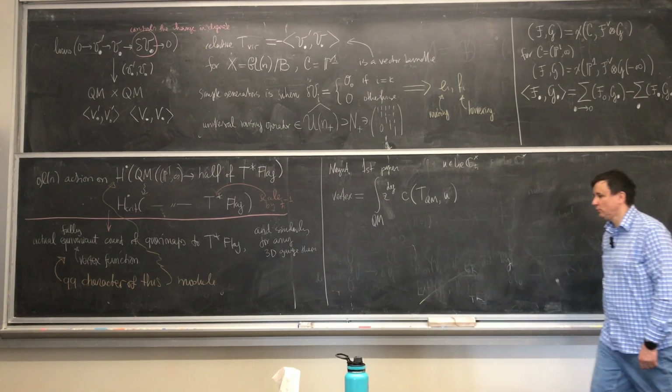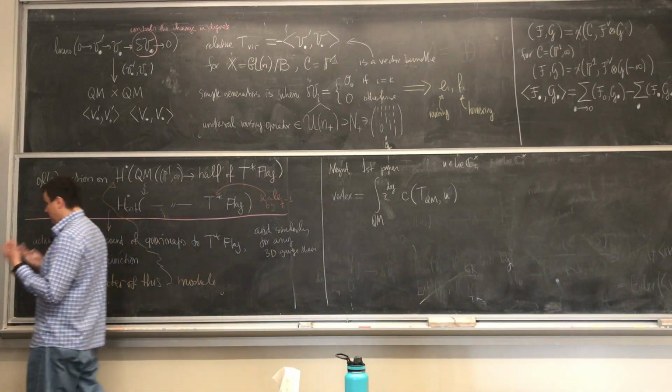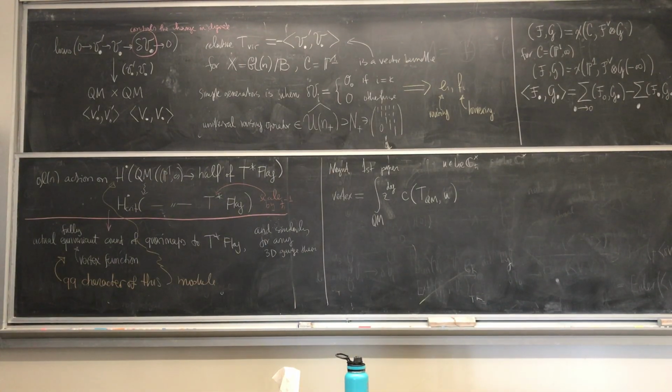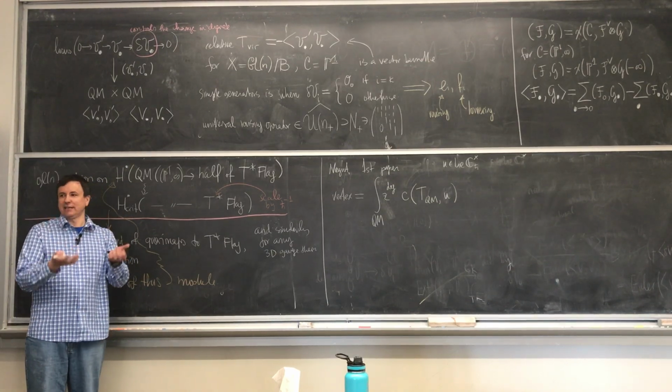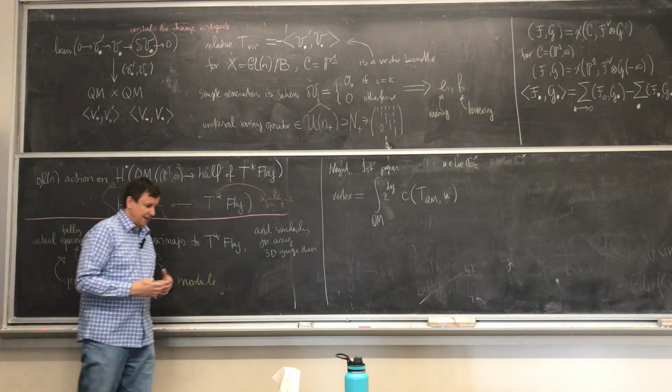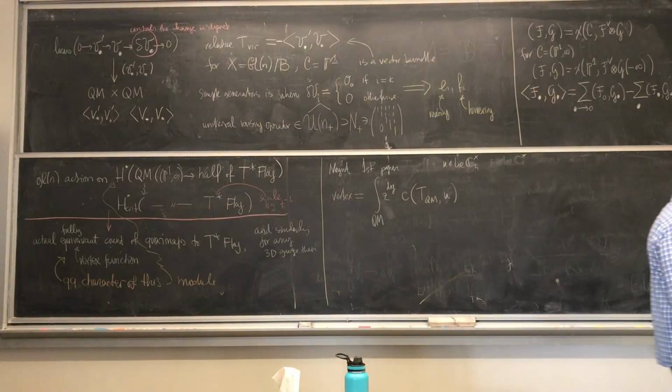So out of my representation, I want to take some kind of new notion of character. And that new notion of character is supposed to depend on one more variable.